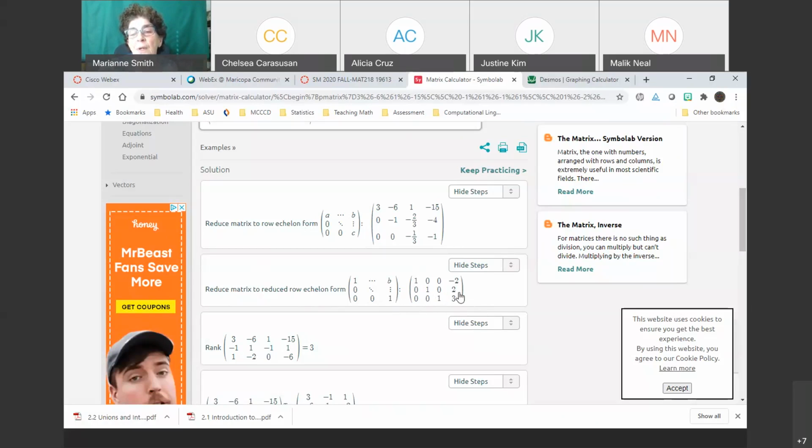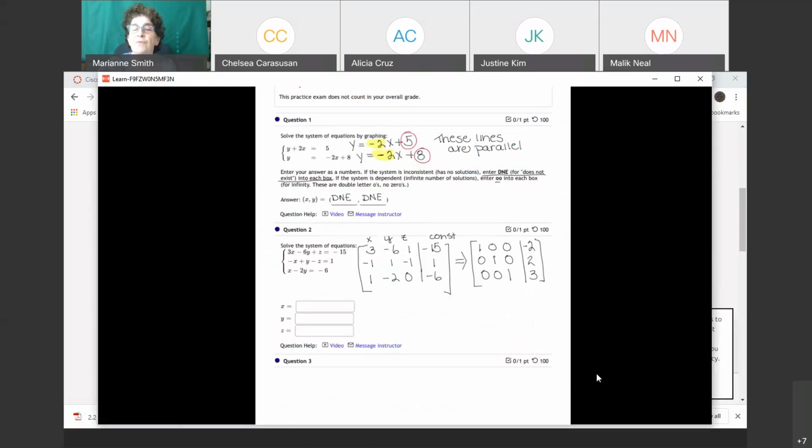X is -2, y is 2, z is 3. So I'm going to go back here to my notes, where I've written what came out of our REF, either RREF on your TI or RREF in Symbolab. Then you just put in your values, -2, 2.